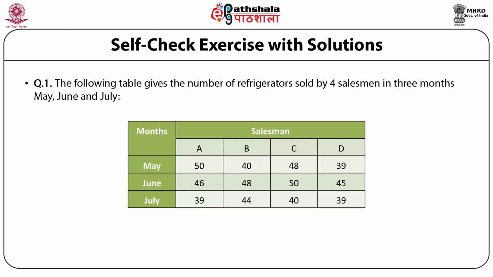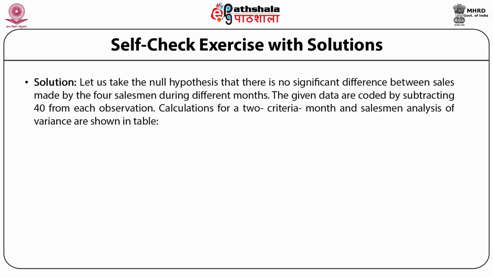Is there a significant difference in the sales made during different months? For this, let us take a null hypothesis that there is no significant difference between sales made by 4 salesmen during the different months.